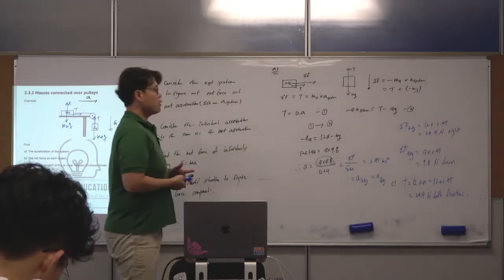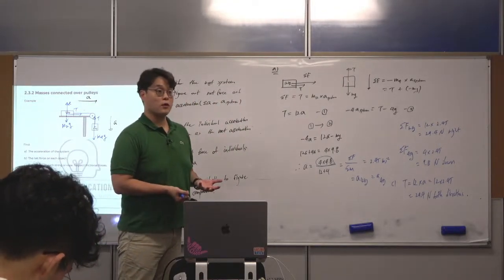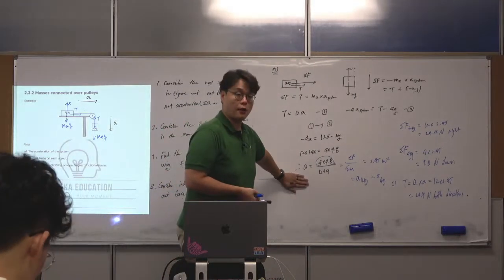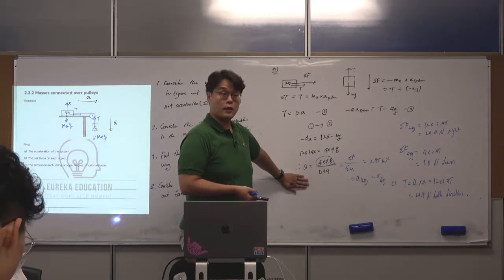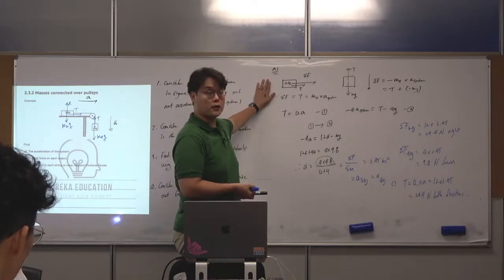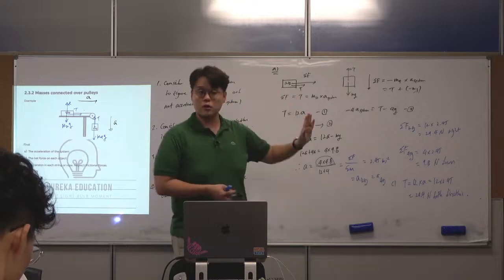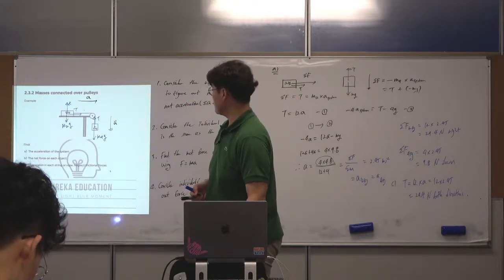Okay, it looks slightly different to the previous questions, but I'm using the same method. I found the net acceleration, and I can use that in the force diagram too to find the individual tension forces.